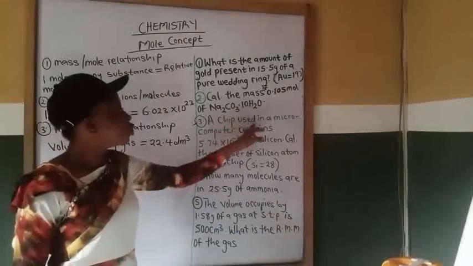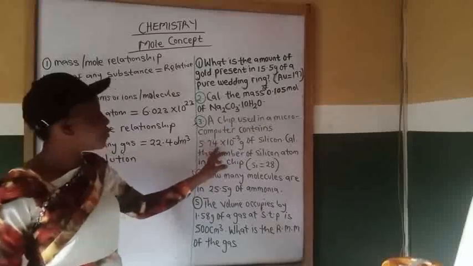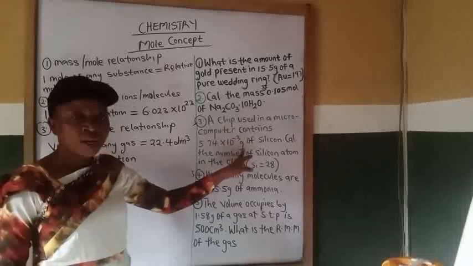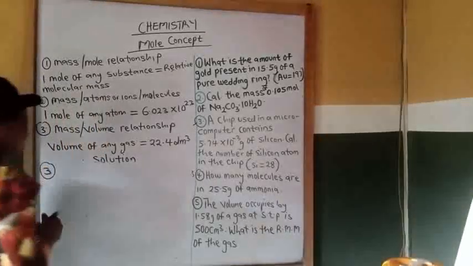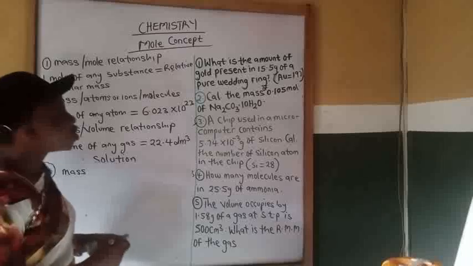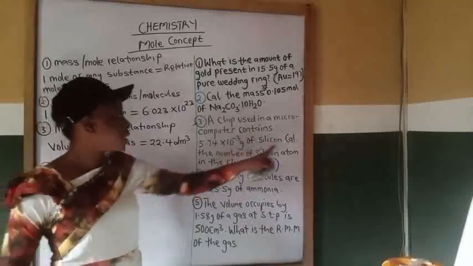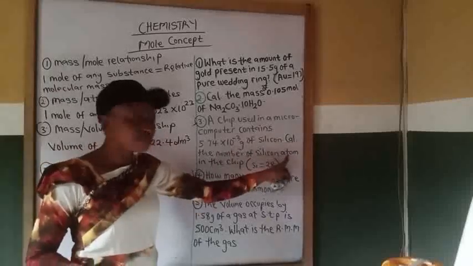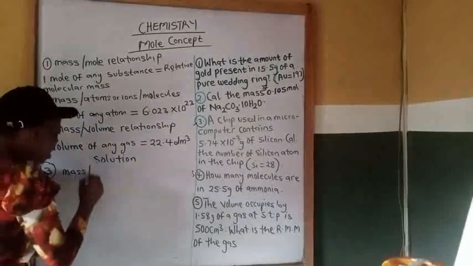A chip used in a microcomputer contains 5.74 times 10 raised to power minus 3 gram. Anything in gram is the mass of a substance. So for this question now, we need mass of silicon. So this is the mass of silicon. Now calculate the number of silicon atoms. So we need an atom. We want to calculate the number of atoms.